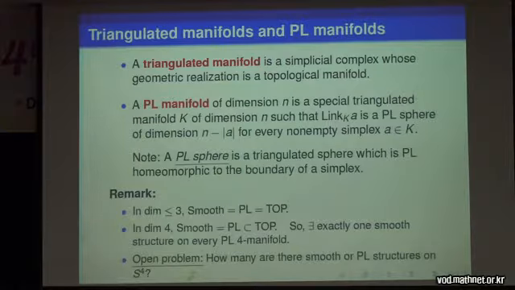That means for each PL four-manifold, there is exactly one differential structure. There is also an open problem about the four-dimensional sphere: how many differential structures are there? Here you can also ask how many PL structures there are.